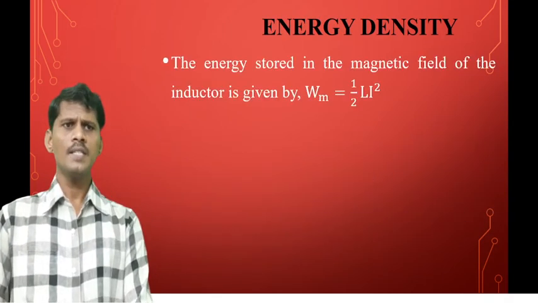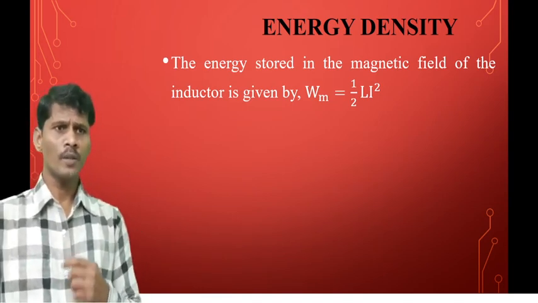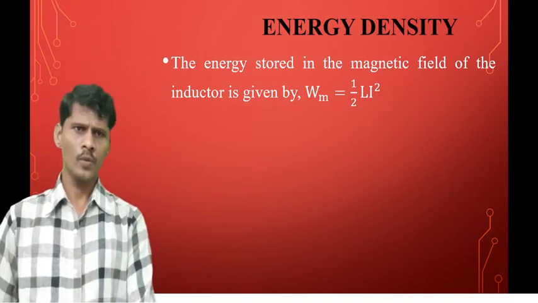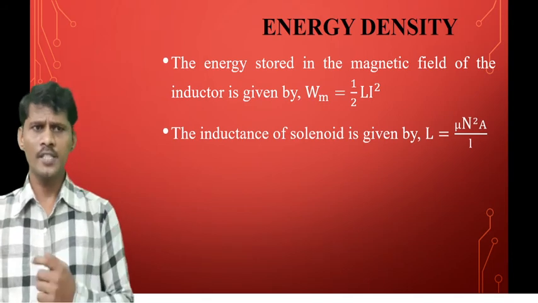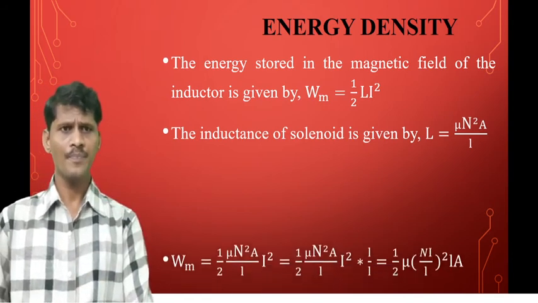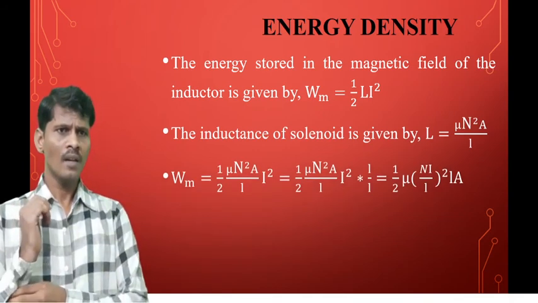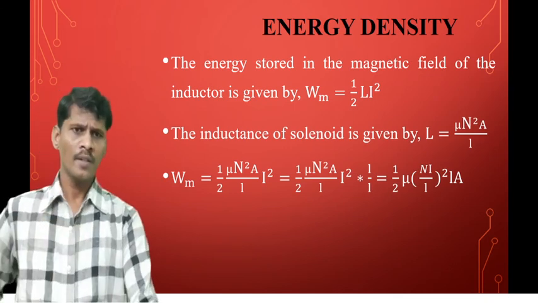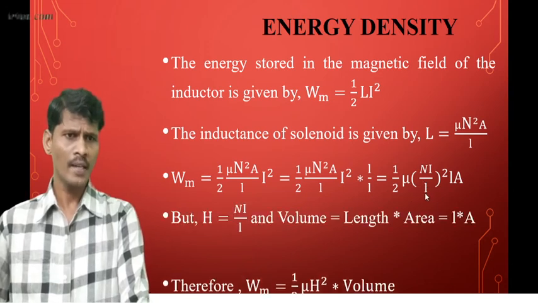Next concept is energy density. The energy stored in the magnetic field of the inductor is given by half L I square, and the inductance of a solenoid is given by L is equal to mu N square A by l. Substitute this L value into the above expression, we get Wm equal to 1 by 2 into mu N I by l.